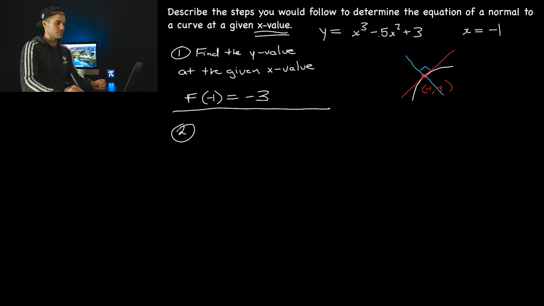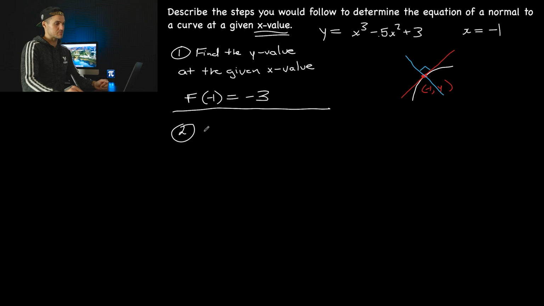Then I want to find the slope of this tangent, this red line. Once we have the slope of that red line, we can find the negative reciprocal, and that would be the slope of the blue line, because they're perpendicular to each other.